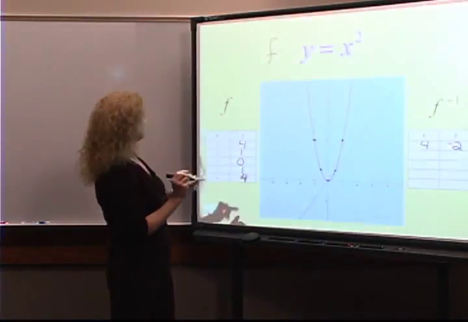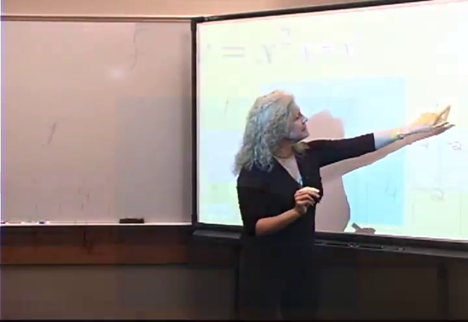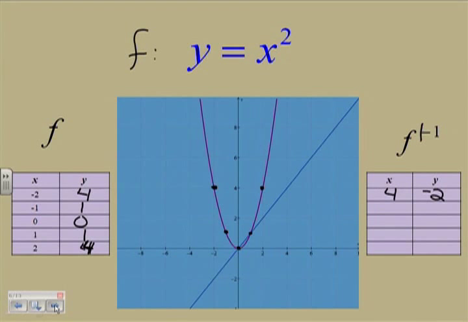Hey, by the way, I didn't really tell you about this notation. This little -1 sitting up here, as it looks like it's an exponent, that was the notation that was selected to indicate that this is the inverse of f.